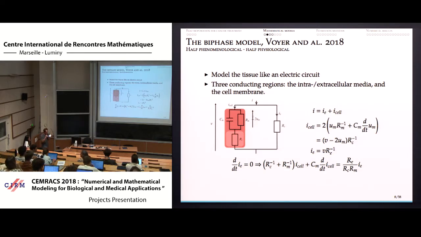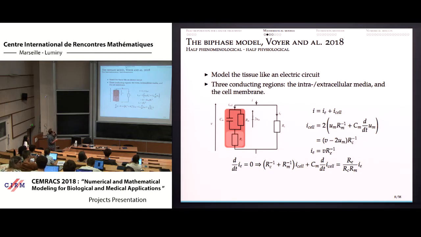Okay, so the first model, which is very new. This model is half phenomenological, half physiological. The idea is to look at what happens at the level of the cell and model the cell and its surroundings as a simple electric circuit. So this is the cell, this is the inside of the cell, and this is the cell membrane.